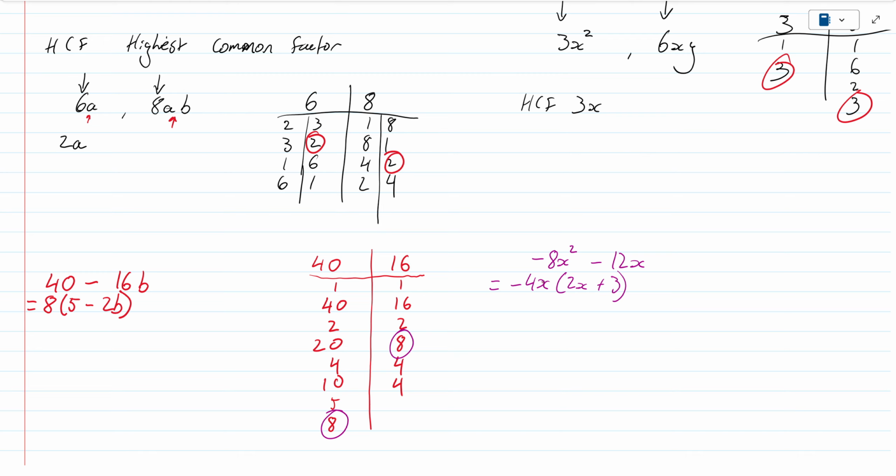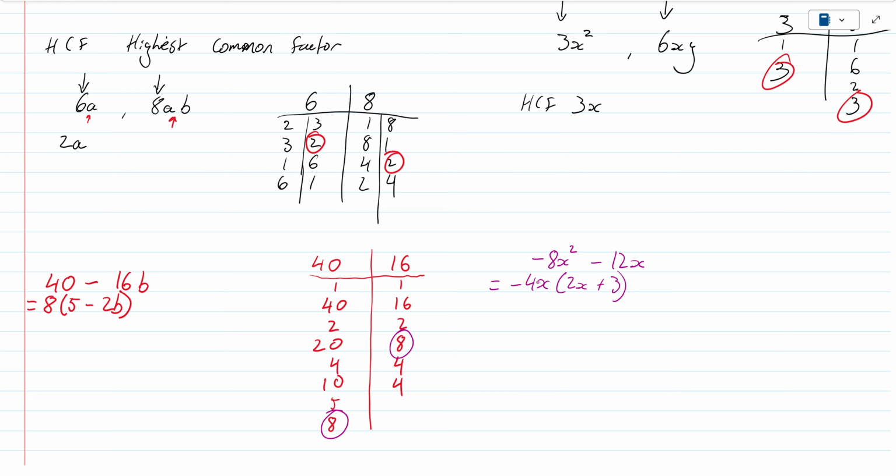And then it multiplies into the brackets to equal the term above it. So negative 4x is your common factor. We have negatives that are common between our two terms, 4 is our highest common factor between our two coefficients, and x is common between our two sets of pronumerals. That sits outside the brackets. Then we ask, how can negative 4x equal negative 8x squared?